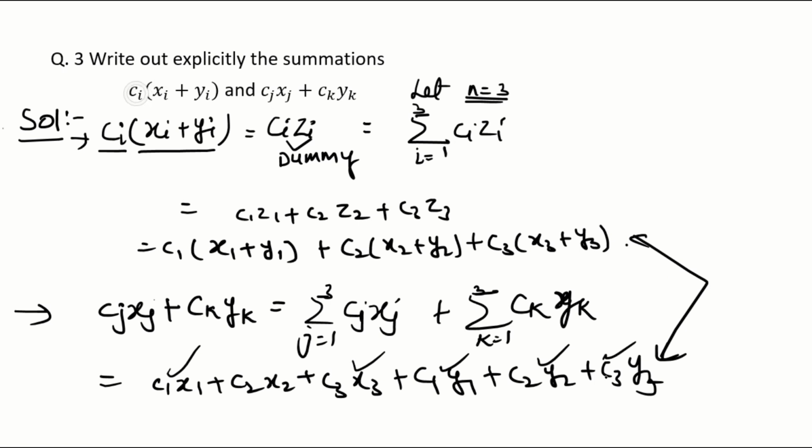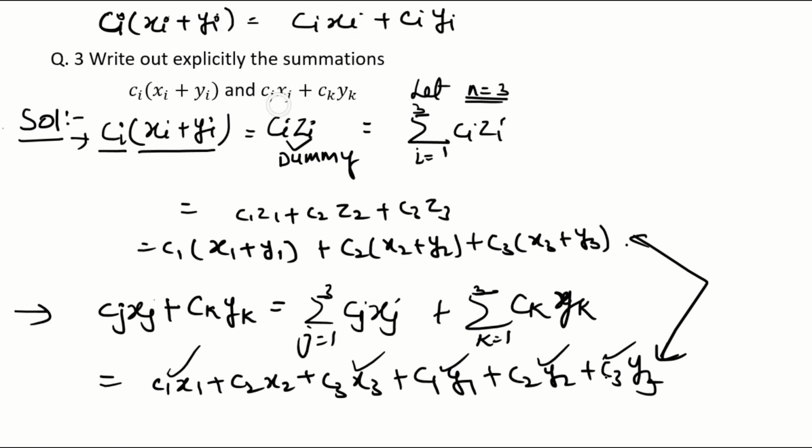Basically, if you use the distributive law, for ci (xi plus yi), by the distributive law this will be ci xi plus ci yi. You can use the distributive law only when the indices inside the bracket are the same. If the indices are the same, then we will use the distributive law, otherwise it will not be well defined. So ci xi plus ci yi.